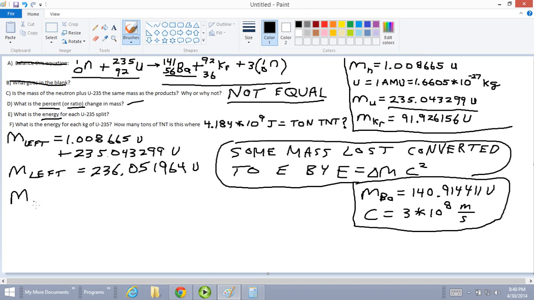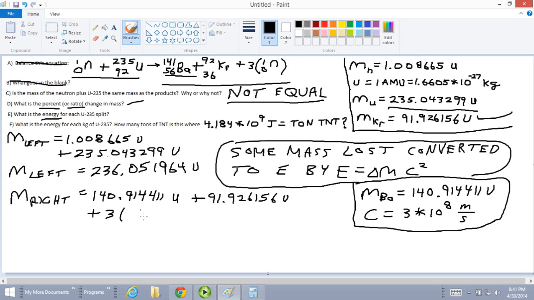The mass on the right-hand side is going to equal the mass of the barium, which I just wrote down, 140.914411 AMUs, plus the mass of the krypton, 91.926156 AMUs, plus 3 times the mass of a neutron, 1.008665 AMUs.